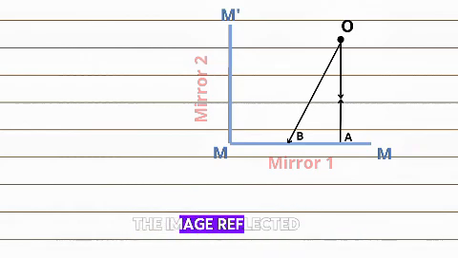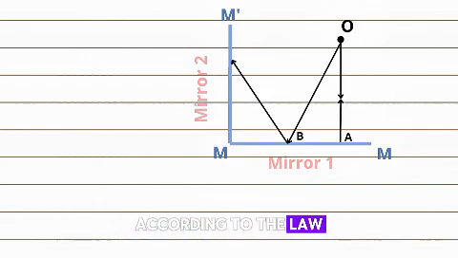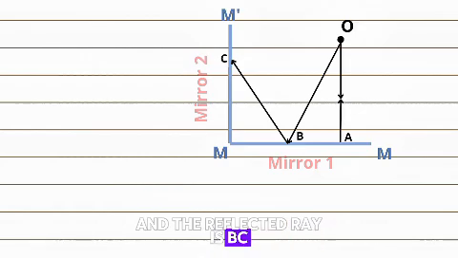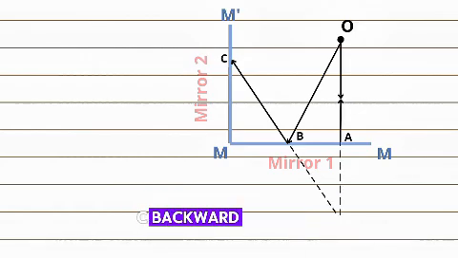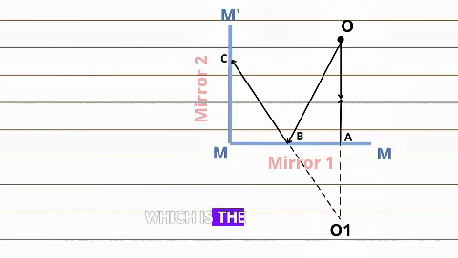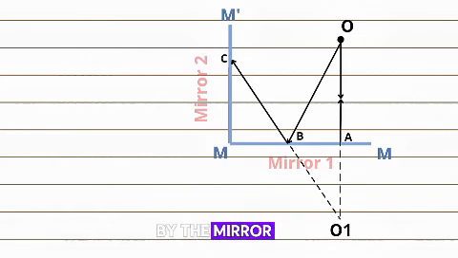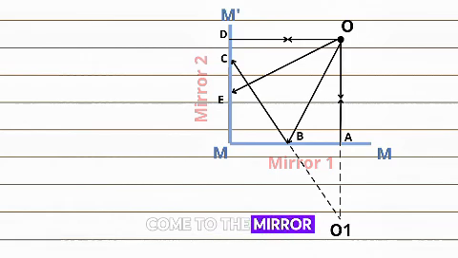Ray OB is reflected by the mirror according to the law of reflection, and the reflected ray is BC. If we extend the rays OA and BC backward, they will intersect at point O1, which is the virtual image of object O formed by the first mirror.